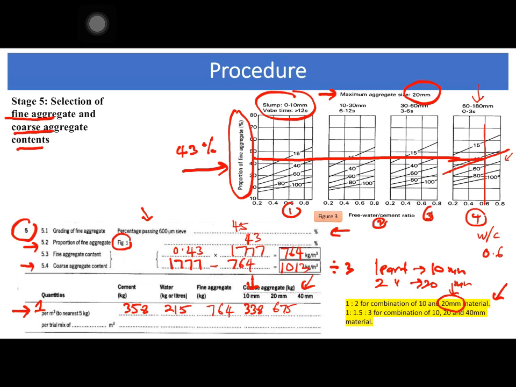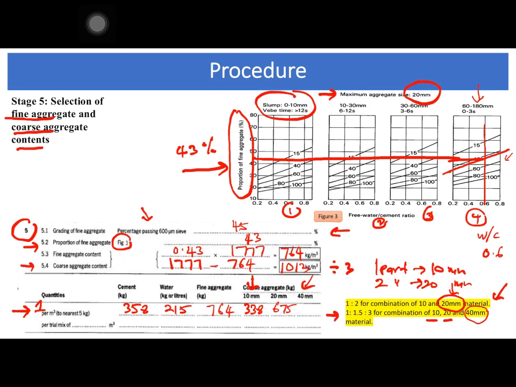So let's say if you're testing and you are using a maximum of 40 mm, and you are getting this coarse aggregate, you need to have this ratio. You need to have the combination of 10 and 20. So this is the ratio 1 to 1.5 and 3.